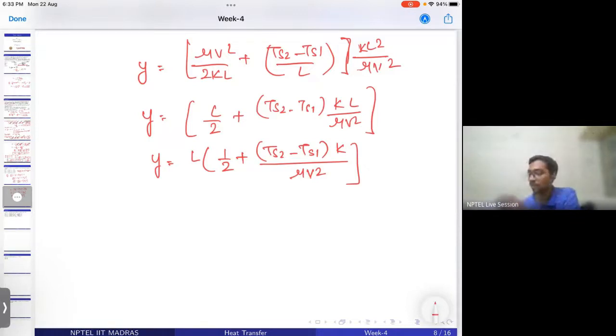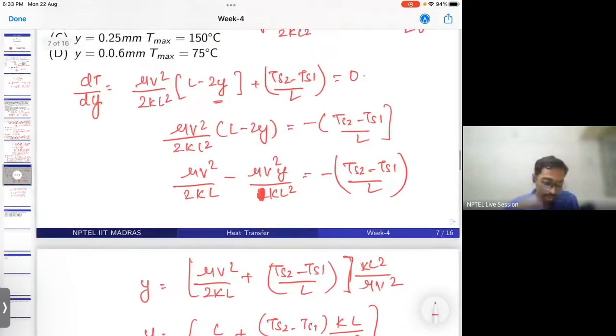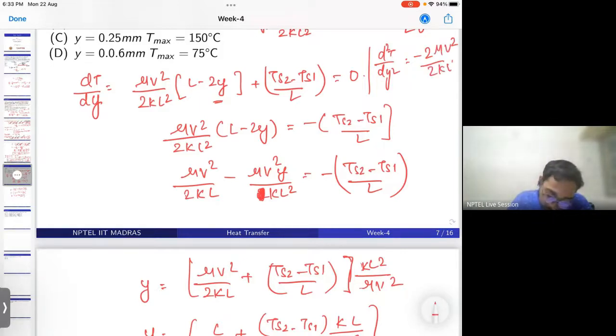One more thing we can try: you can differentiate this once more. If you differentiate d²T by dy², just to confirm whether it is a maximum or a minimum, it becomes minus 2 μv² divided by 2kL². We need not substitute any value of y.